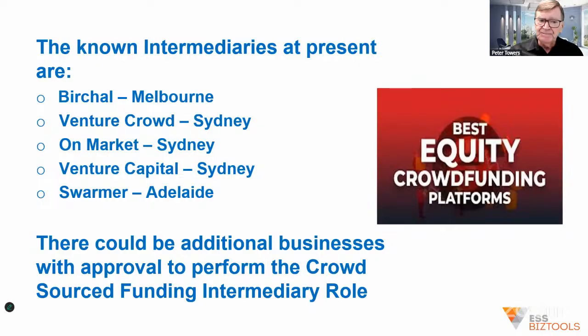There could be additional businesses out there who are performing crowdsourced funding intermediary roles because they've got the licence, and we continually update our material. So since 2018, we've probably had 25 names of intermediaries listed from time to time in the updating material within ESS BizTools because the numbers change. The original concept from ASIC was to have 16 intermediaries. That's an important figure, which I'm going to come back to later in this presentation to you.